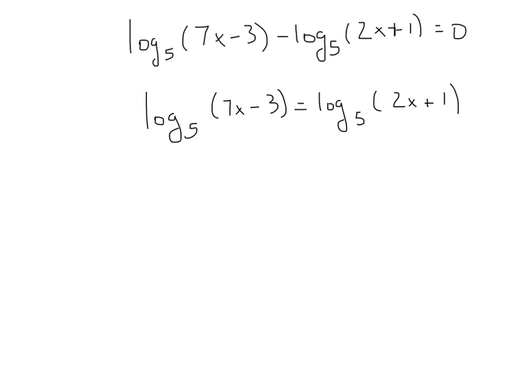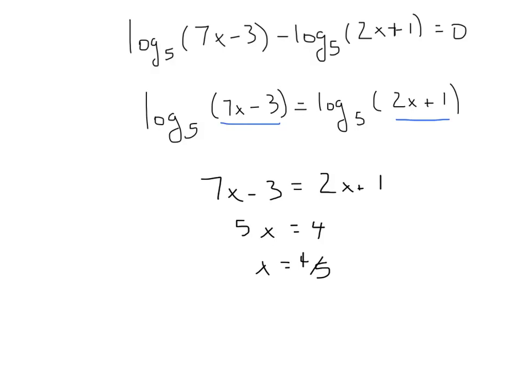And in this case, it must in fact be true that these two insides, what we're taking the logarithm of, must be equal. So what that means for us is that 7x minus 3 is equal to 2x plus 1, which means that 5x is equal to 4, which means that x is equal to 4/5.